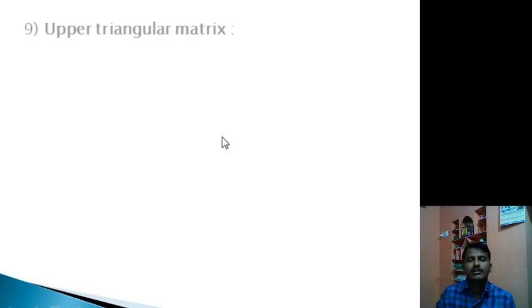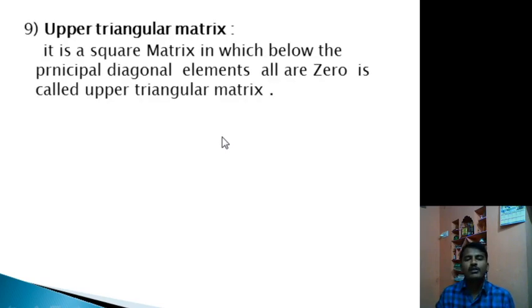And one more thing is the upper triangular matrix. It is a square matrix in which the elements below the principal diagonal are 0. Let me take some examples. Upper triangular means what here?